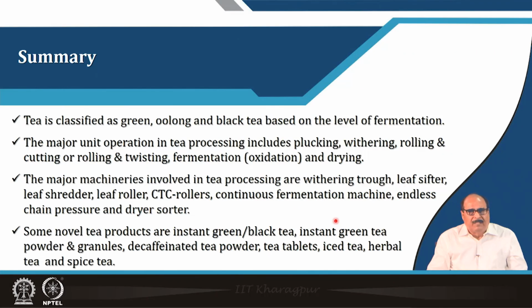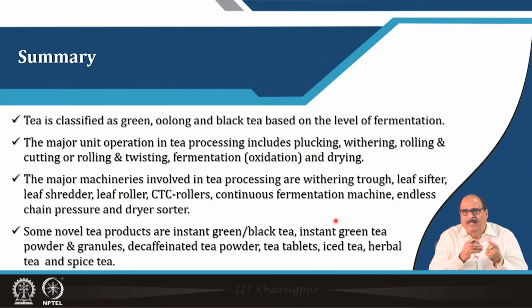But the preparation method in almost all these products is basically that in the tea leaves, the water soluble and water insoluble compounds are manipulated in such a way that they are converted into good flavoring and coloring compounds, and these flavoring and coloring compounds are both water soluble, which are further extracted using hot water, and we get the tea brew.